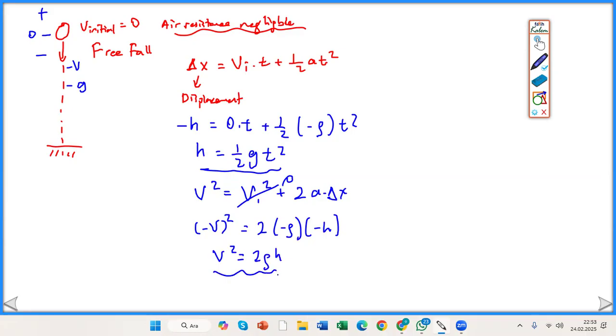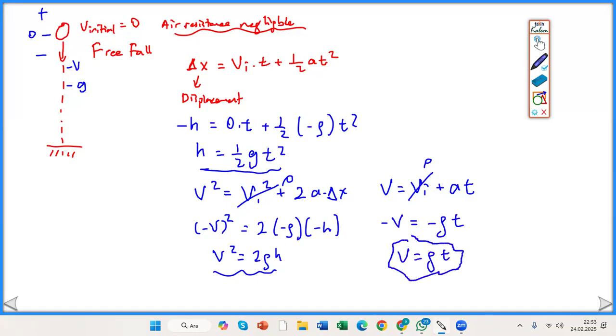This is another formula we can use. And also we can use v is initial speed plus a times t. Still, initial speed is 0, and speed during the motion, minus v, is minus g times t. In other words, v is g t, our another formula.